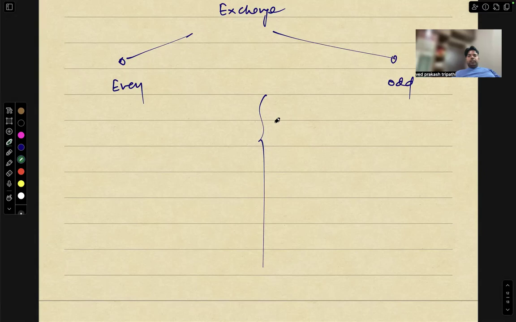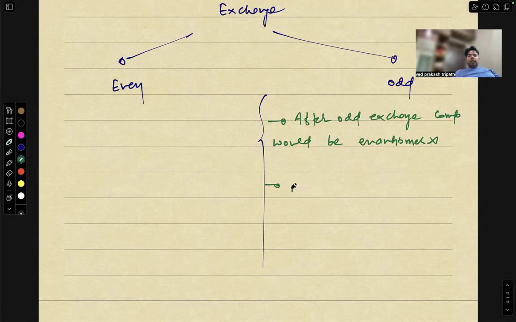So what is the rule for even and odd? It means after an odd exchange, the compounds would be enantiomers.